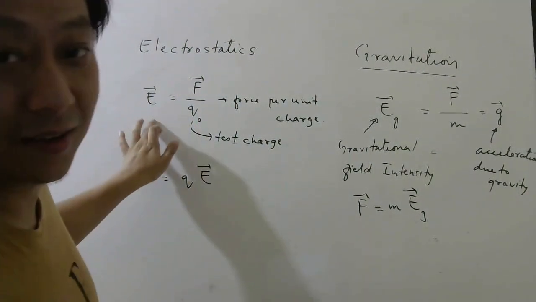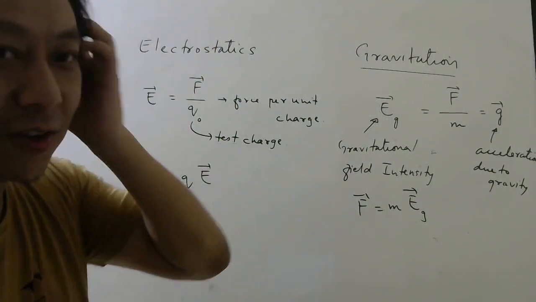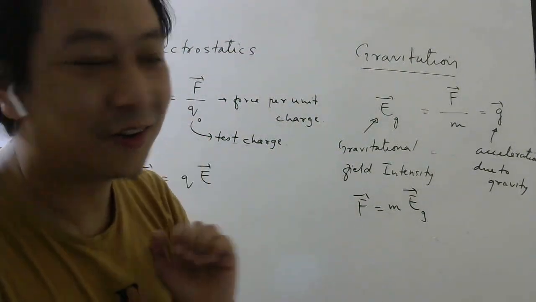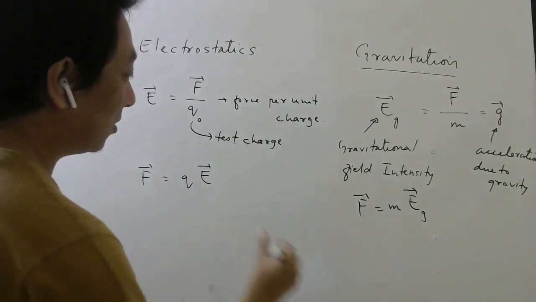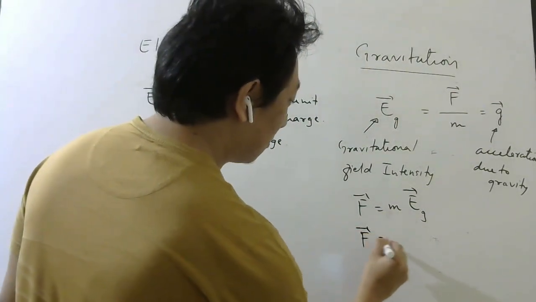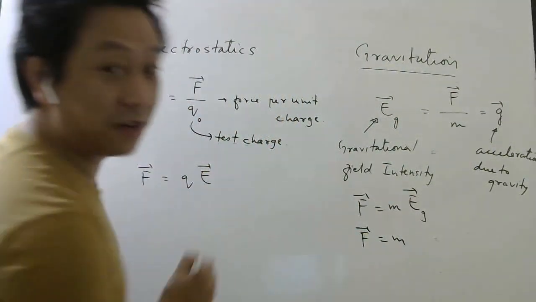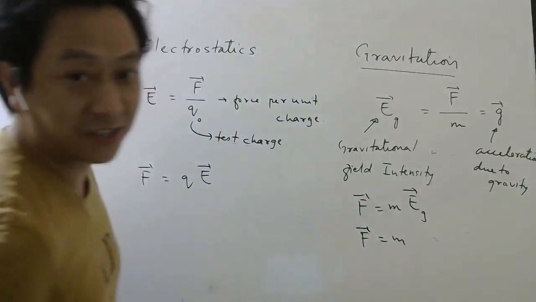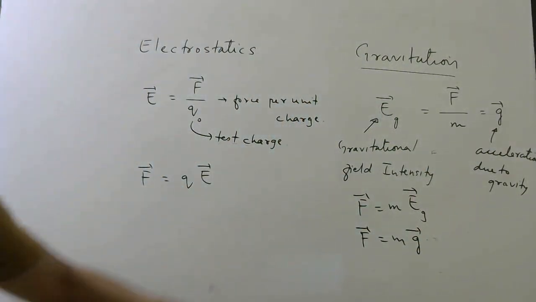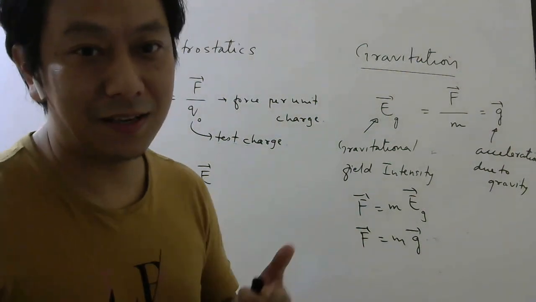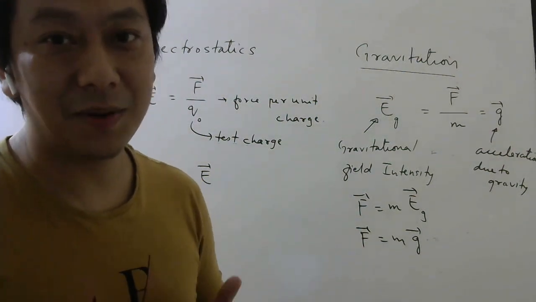Unlike here, because force by charge is not called acceleration in Newton's second law, but force by mass we say acceleration. So to find the force, you can also find the gravitational field, which is nothing but acceleration, and then multiply with m. Now the value of g, you have a feeling that it is 9.8 meter per second square.